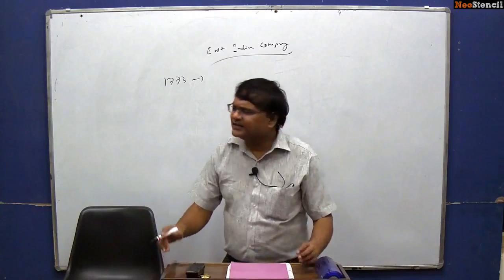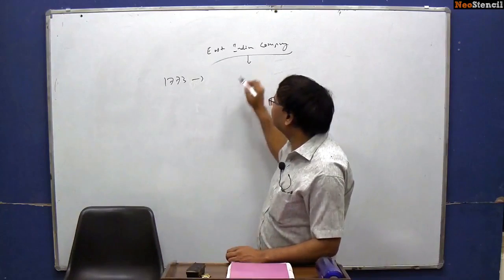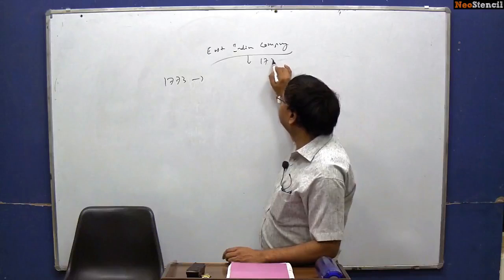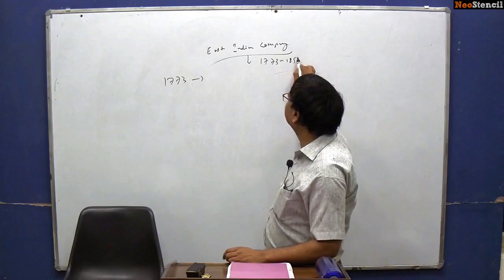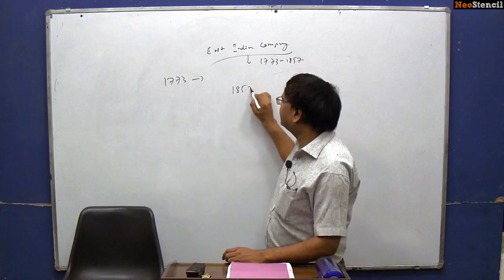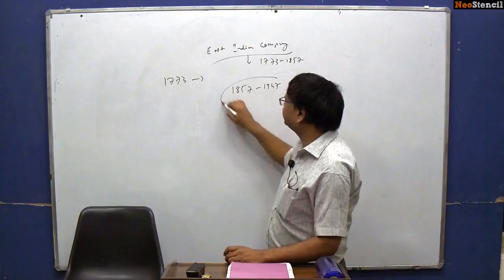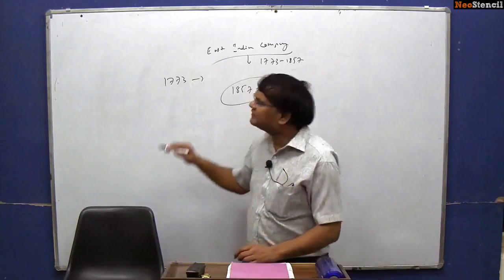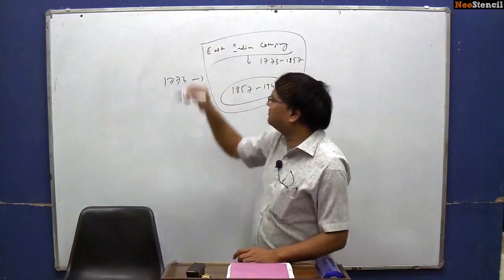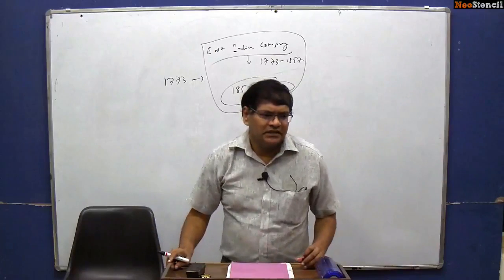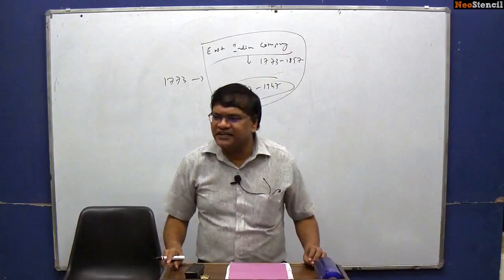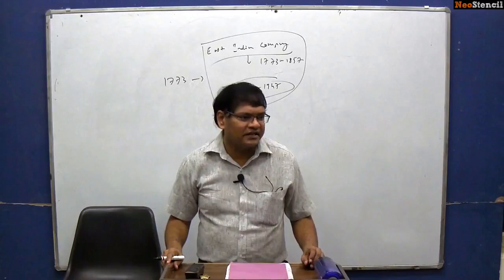Why? Because if you look at the East India Company from 1773 till 1857, and from 1857 till 1947 the British government, what was their objective? Their objective was to continue the exploitation of the colony.